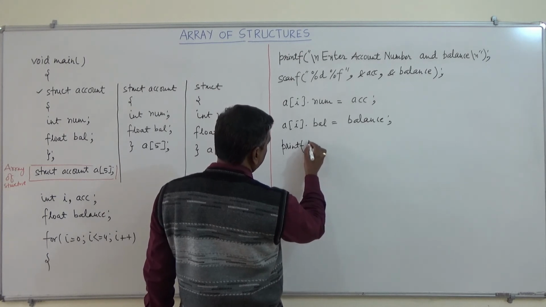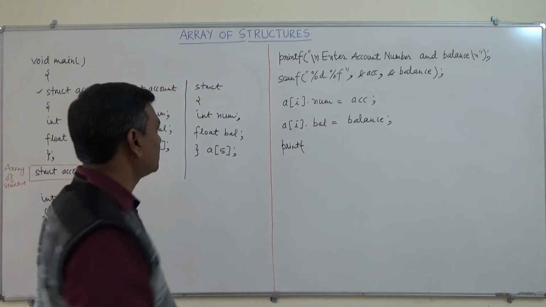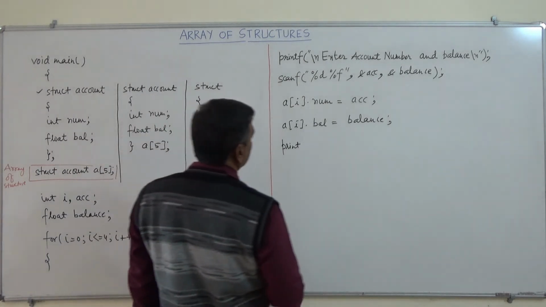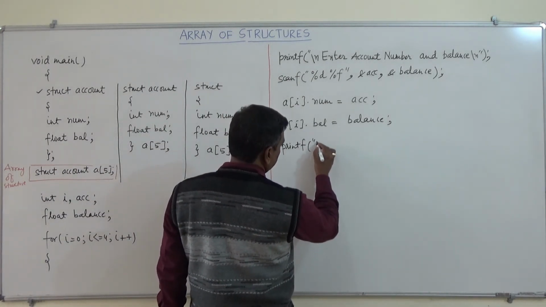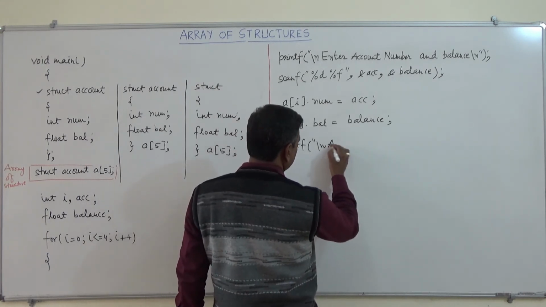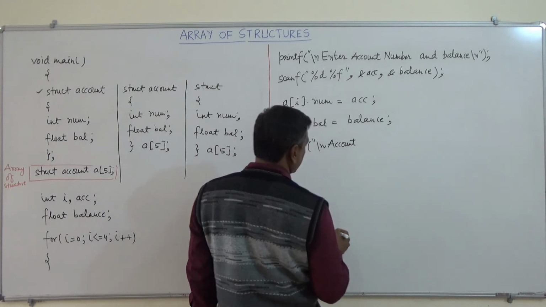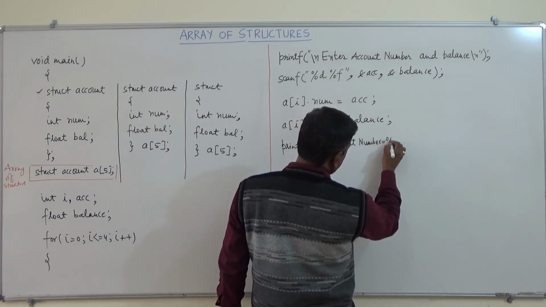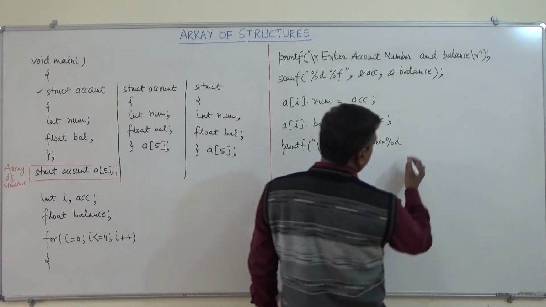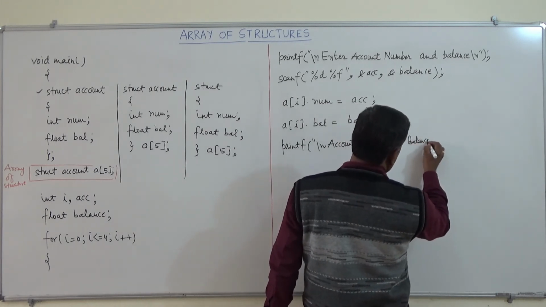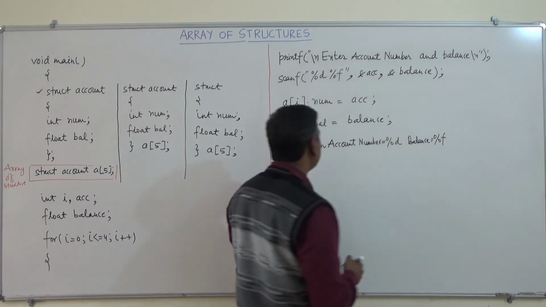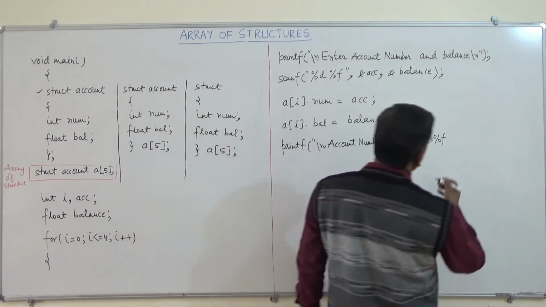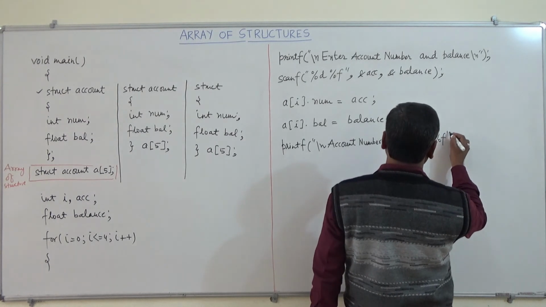printf, account number equals %d and balance equals %f, slash n.